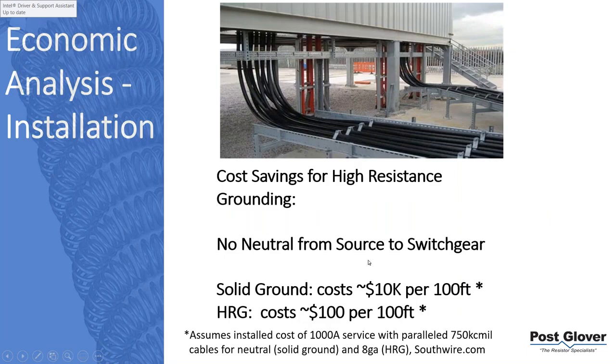Also, if you basically put the HRG next to the transformer, you're going to be saving a lot of money there. And actually, you don't have to put it next to the transformer. But the point is that on a solid ground system, you need to carry the full capability of an ungrounded phase conductor, I should say, phase conductor on your neutral.